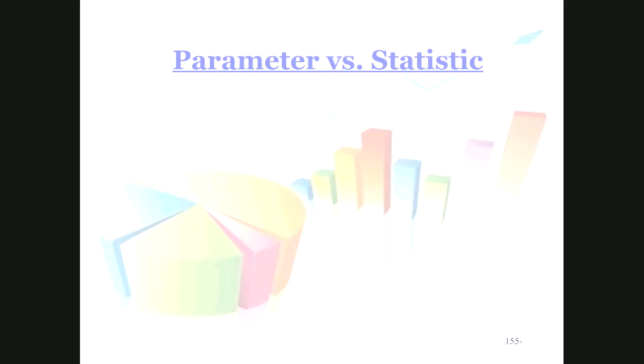A statistic is a fraction of the population. That's what we call a sample. And a parameter. This is Stephanie. Okay, sorry about that. Okay.